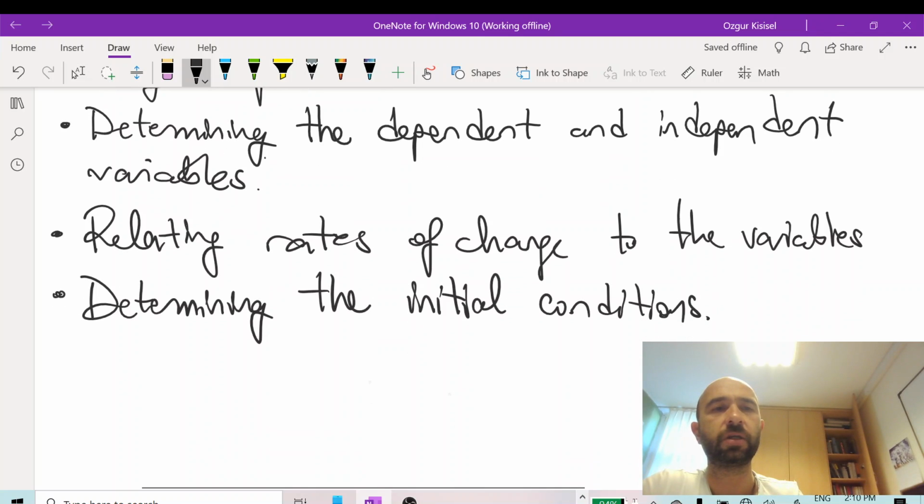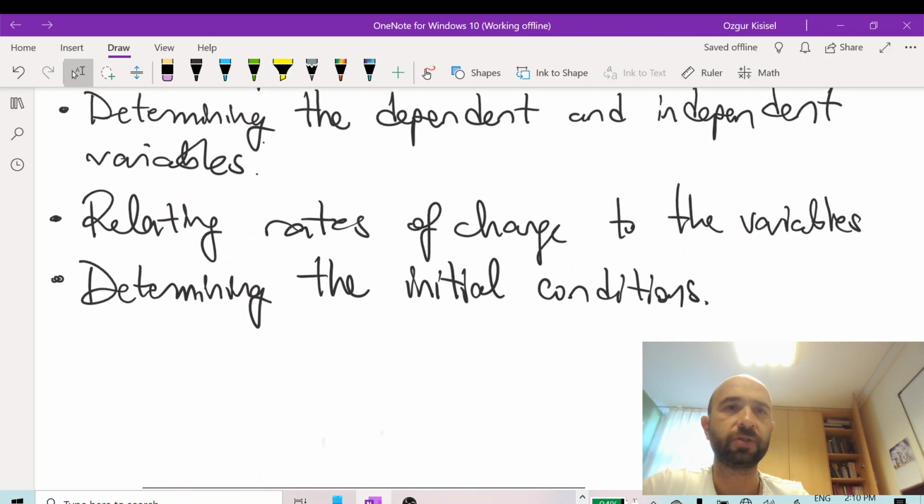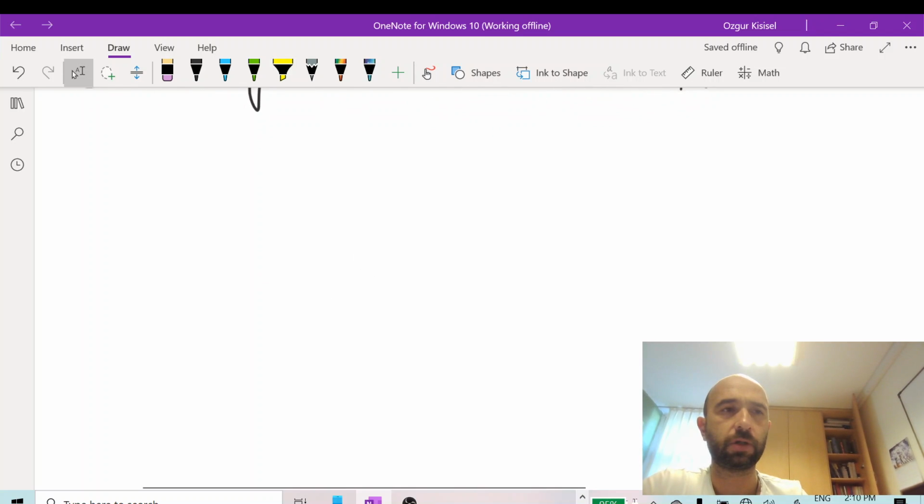These are the key things that you almost always have to do in any such problem. Okay, so I want to directly talk about various examples from several different fields so that we have a sense of more than one of them.